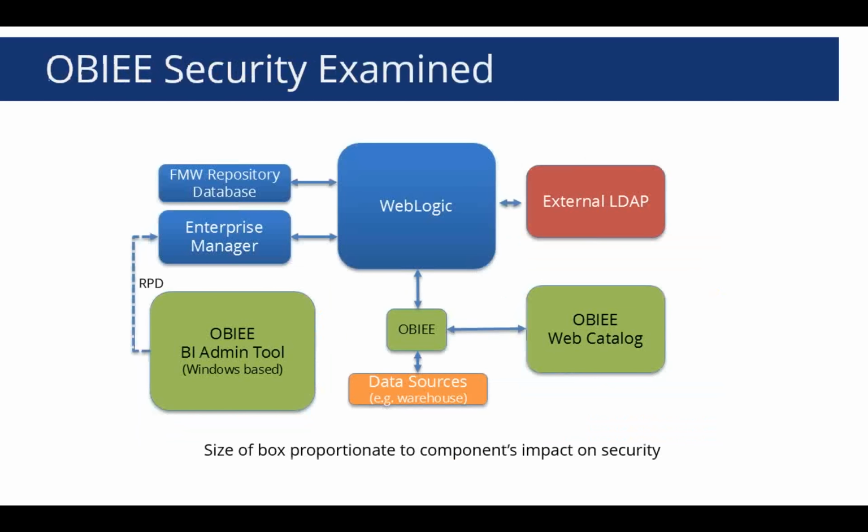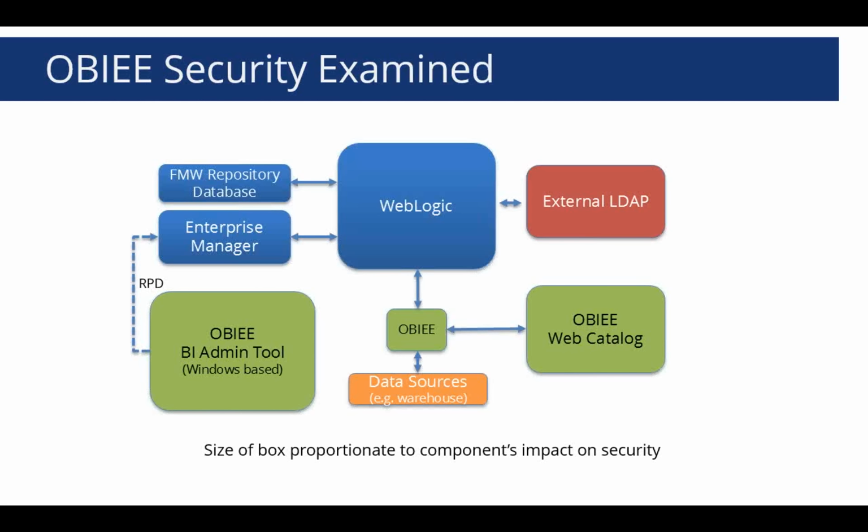The first slide here, and we'll be returning to this slide a few times, is to help with the transition between the topics. When I look at OBIEE, I'm looking at a Weblogic application, a Fusion middleware application, and the size of the boxes here are proportionate, at least in my opinion, to the importance to security.